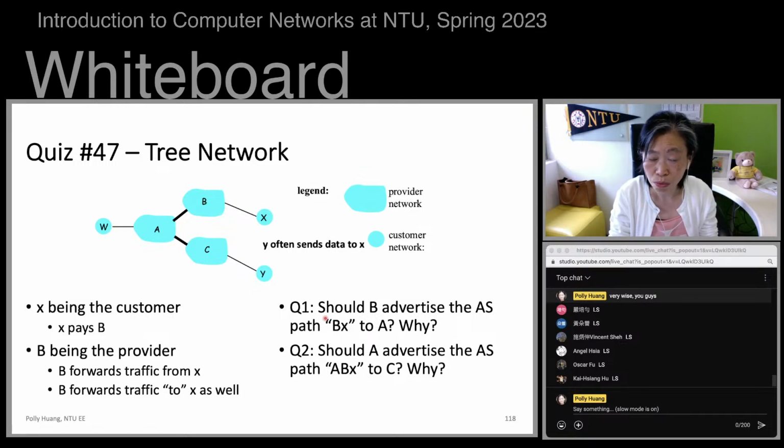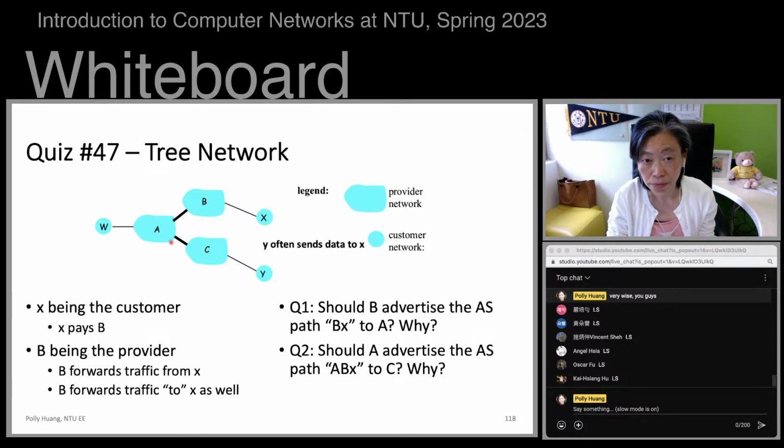That is Q1. And what's more important, what we are looking for, is why you think it needs to or doesn't need to. By the way, from quiz 47 to 50, there's no one answer. It's very open-ended.